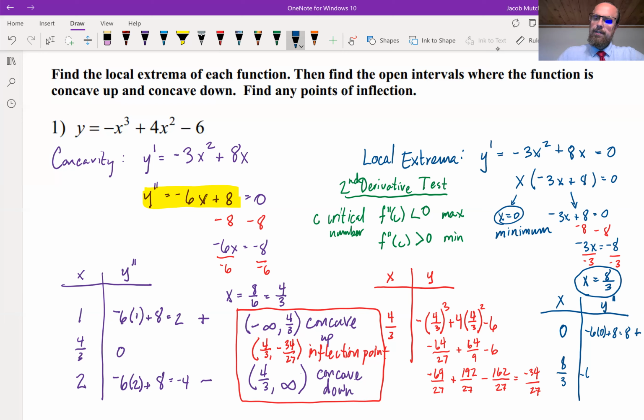Negative 6 times 8 over 3 plus 8. So negative 6 divided by 3 is negative 2 times 8 is negative 16 plus 8, that's negative 8. So the sign on the 8/3 is negative, that's less than 0. So that critical number at 8 over 3 represents a maximum.